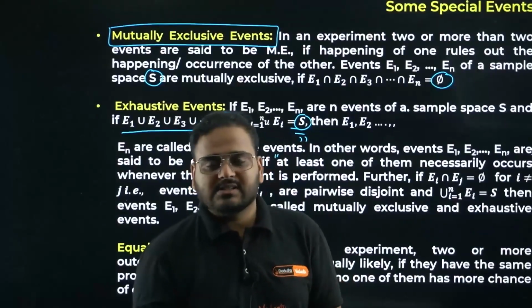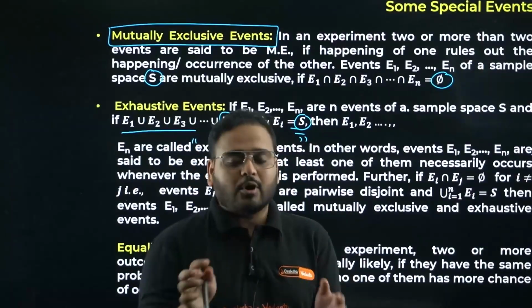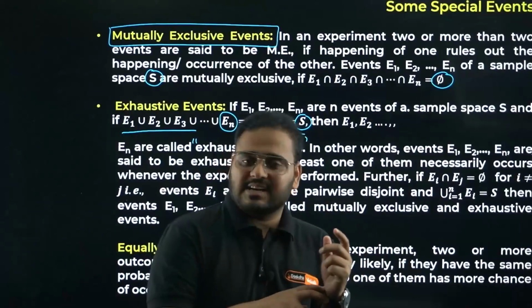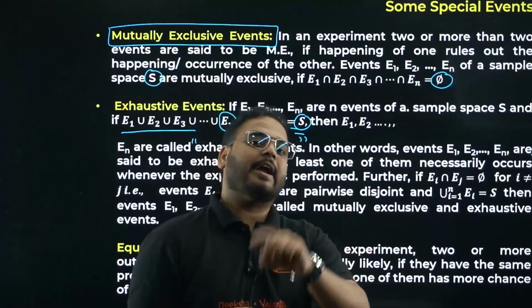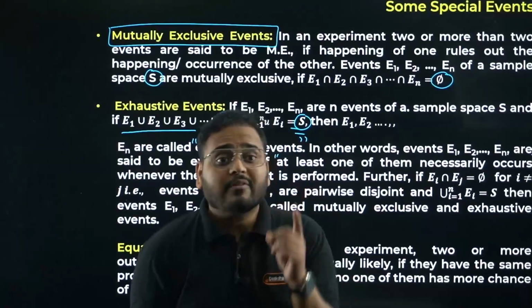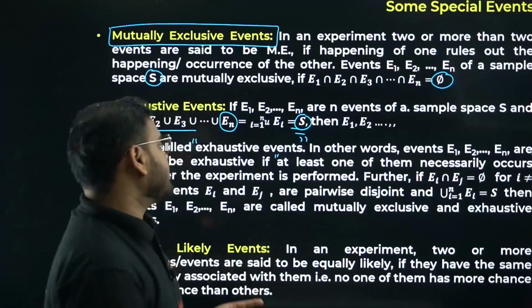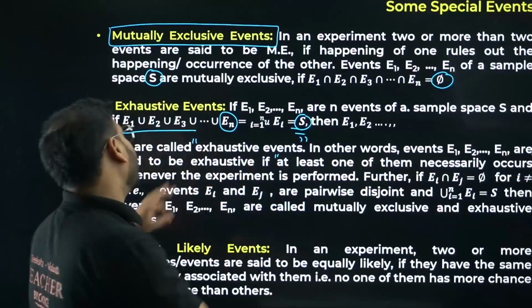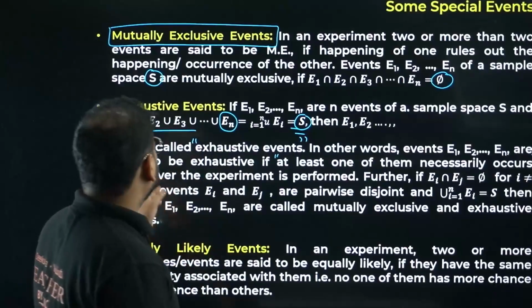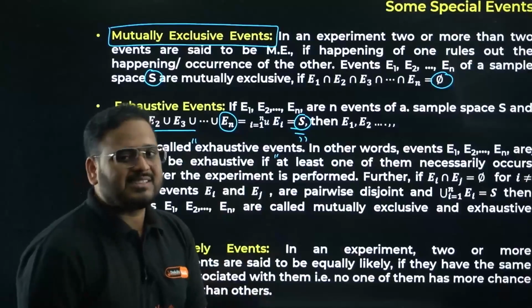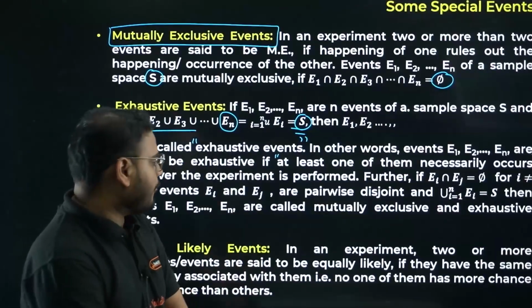With an unbiased coin, they are also exclusive, meaning I cannot have tails and head at the same time. If I'm getting tails, I cannot get heads. That's okay. But one of them has to come for sure, either tail or head. That's why I'm saying at least one of them necessarily occurs. This is also a case of exhaustive events. Whenever the experiment is performed, you get at least one outcome.